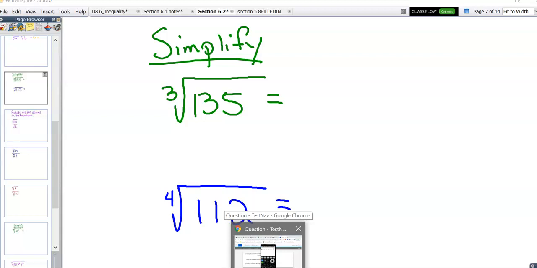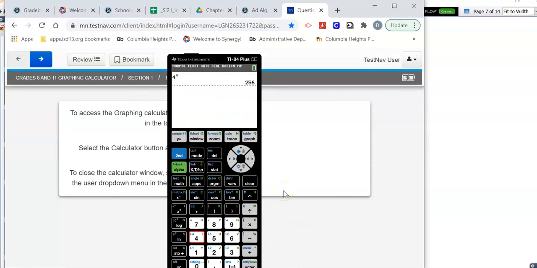So we're looking for two numbers that multiply to make 135. One of them has to be a perfect cube. You can have your calculator do this by creating a table. Y equals, basically we're taking two numbers and multiplying them together, right? X times y equals 135.